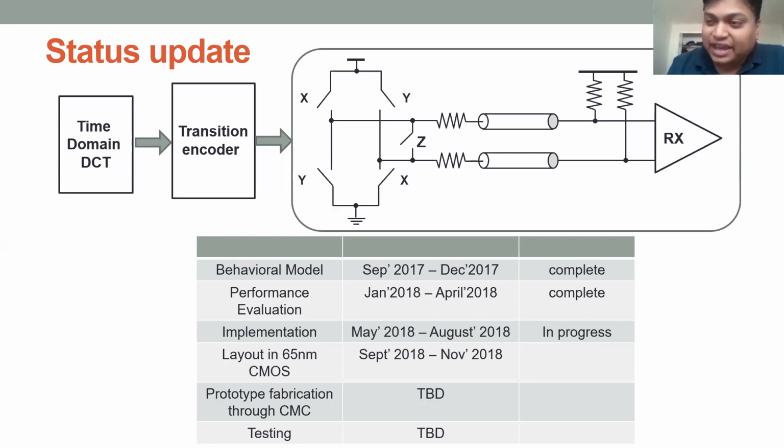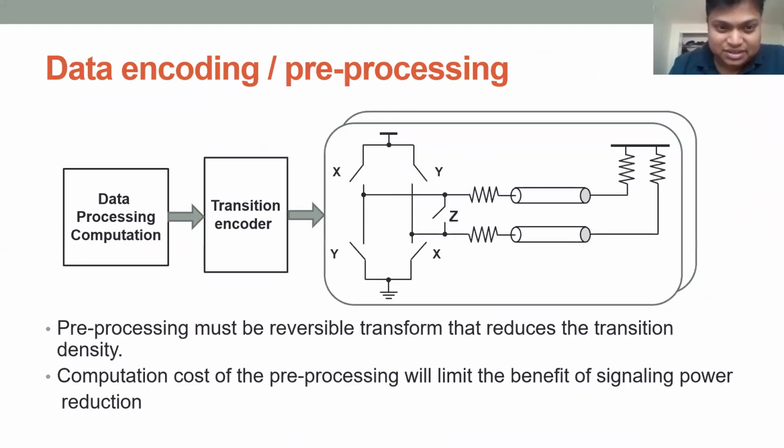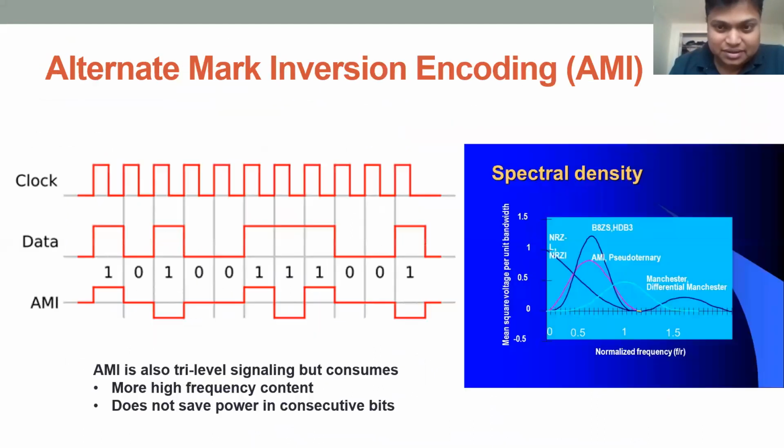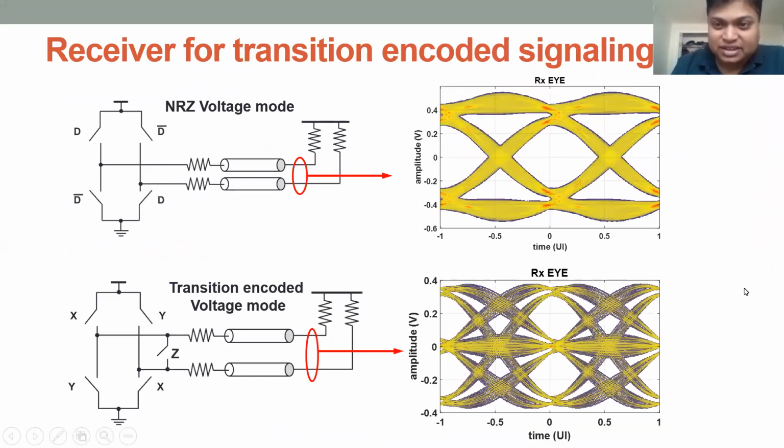The transitions create the edges. Go back to this figure here. One way to look at it, the transitions are going to cause these edges, right? And once we know the edge, then I know where exactly to sample.